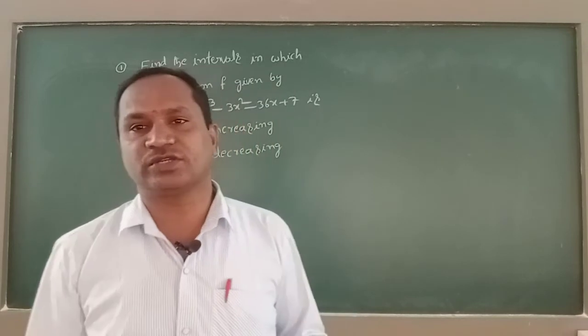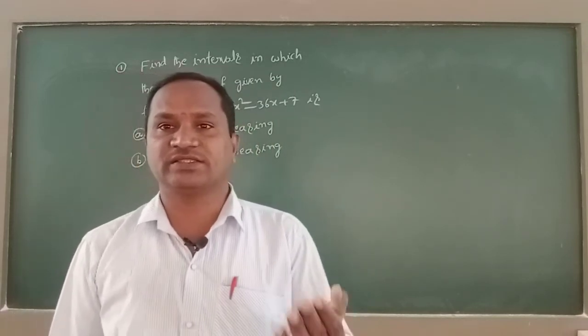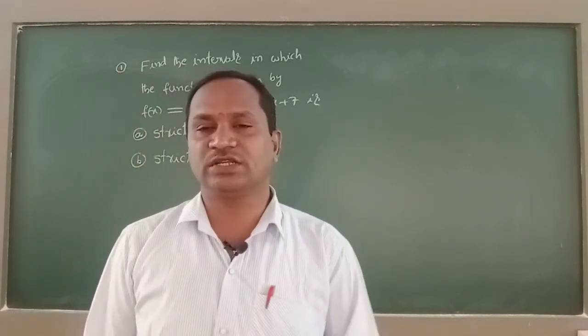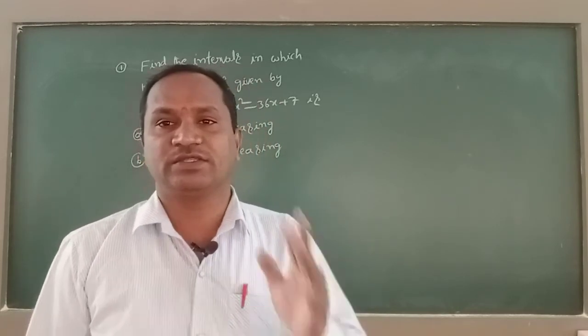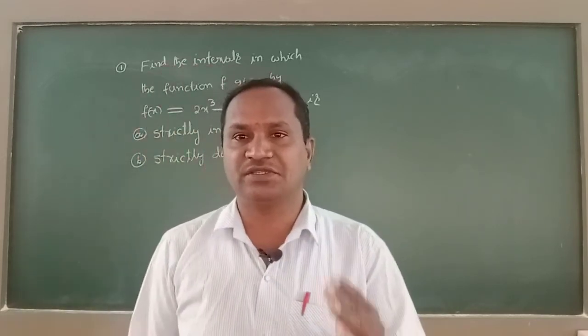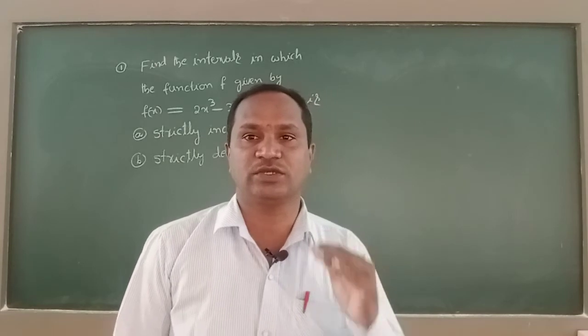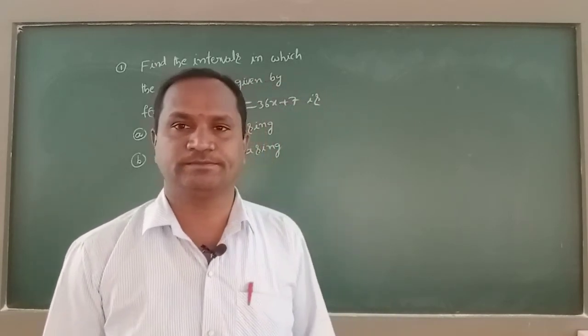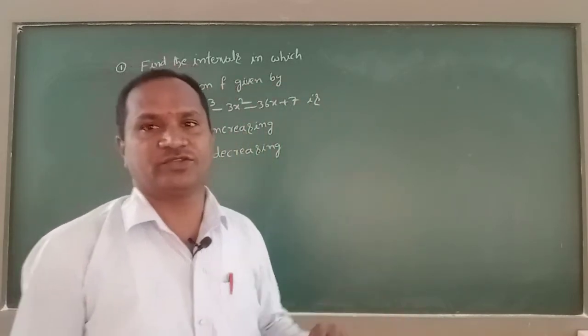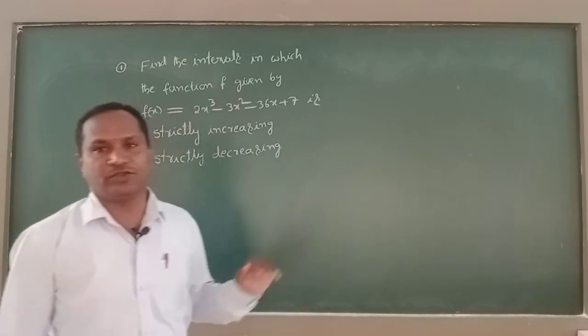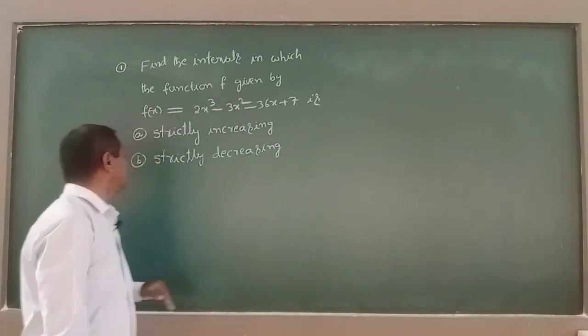After plotting those real numbers on the line, we get some intervals. In those intervals we show which is strictly increasing and which is strictly decreasing. Like that we give the solution for this question. Now let us give the solution.